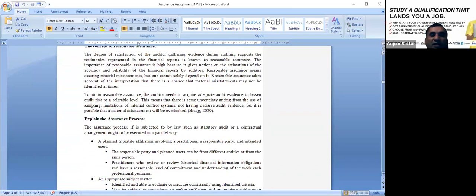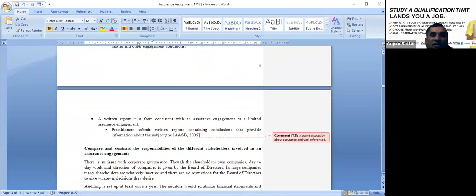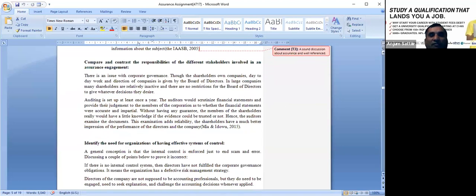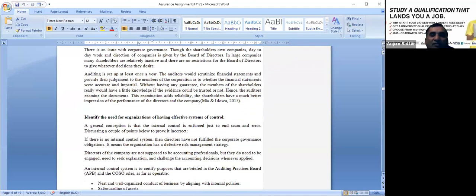So it's been explained, and you will see it all there. Make sure you add the reference wherever you are getting the information, the source. Try to use the Harvard reference style if you can. Yes, compare and contrast the responsibilities of different stakeholders. You can explain what is meant by stakeholder.